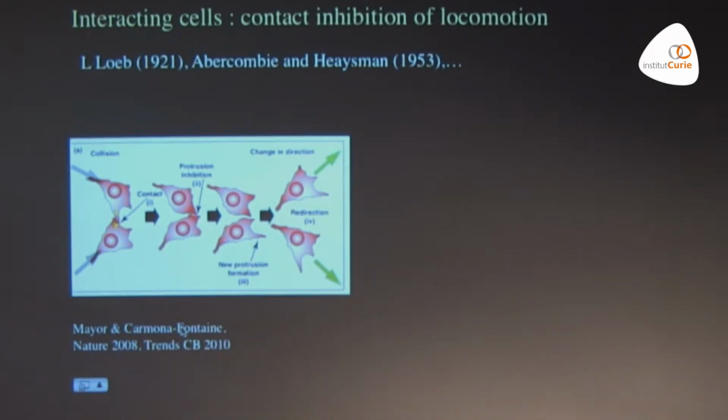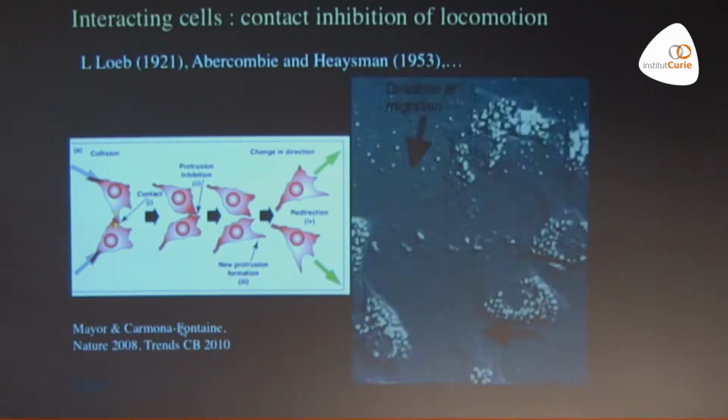So contact inhibition of locomotion is the fact that two cells don't like to move on each other. So when they come together, like here, they make contact and then they stop making protrusions toward the other cell. So there is protrusion inhibition here, and then they change direction. Okay? So it's a very simple process, but it's very important.